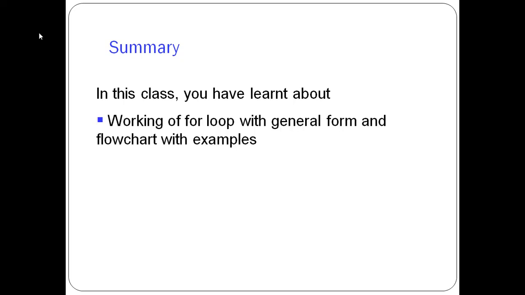This is the summary. Up to now we learned what is a for loop and the syntax of the for loop, and we learned the flowchart. The for loop is the same as the while loop.